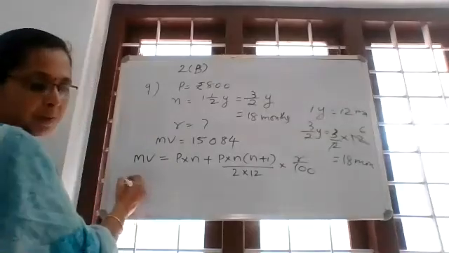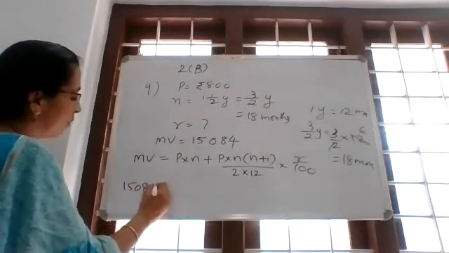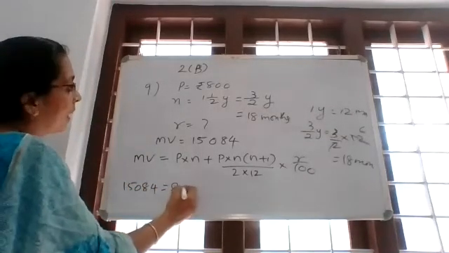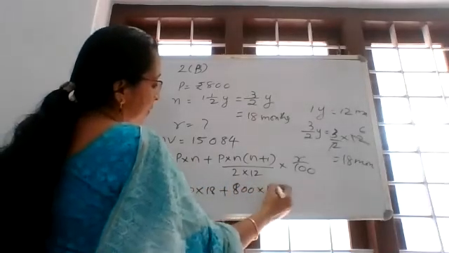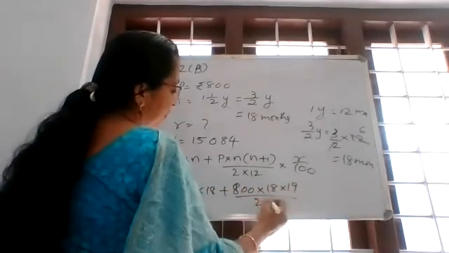So tell me the values. 15084 is equal to 800 into 18 plus 800 into 18 into 19 by 2 into 12 into R by 100.